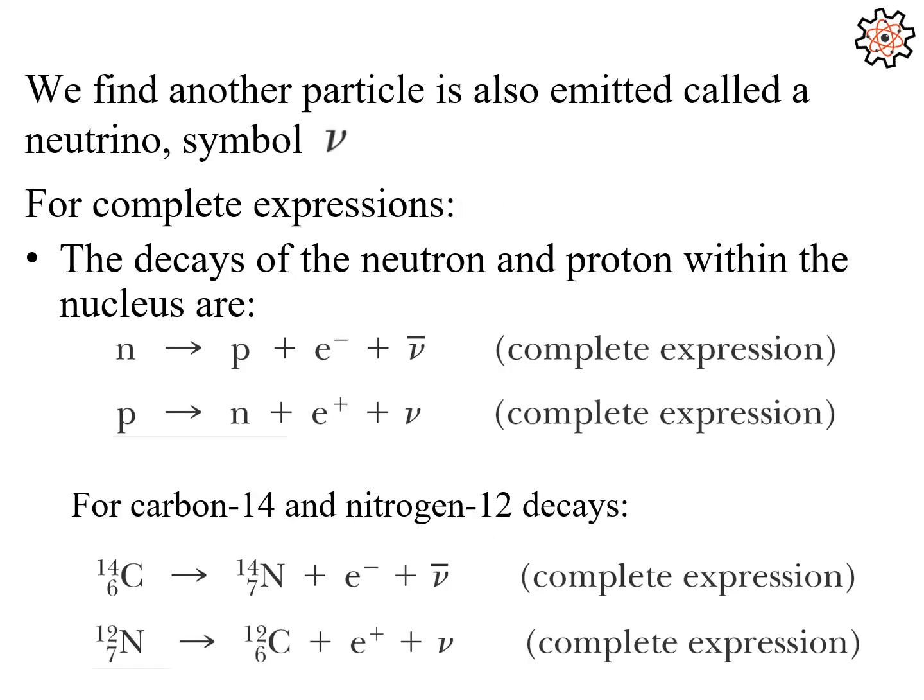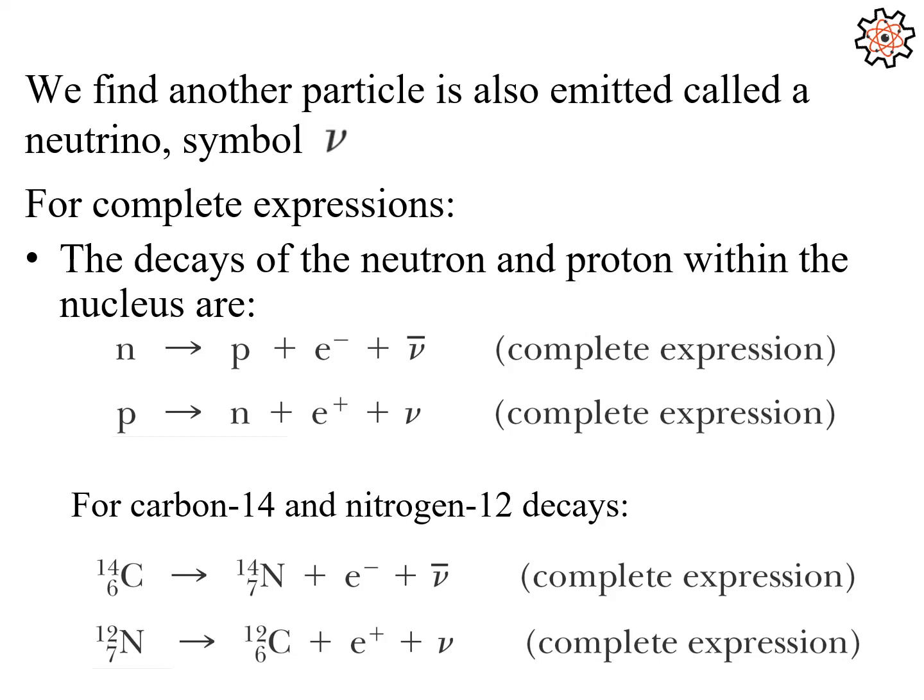We've had in brackets there that they were incomplete expressions we were looking at. And if we're going to write the complete expressions, there is another particle we need to account for, and that's the neutrino. And that's shown as a new symbol here. There's an antineutrino and a neutrino. The antineutrino has a bar above it. Okay, well, accounting for these two particles, those are now the complete equations.